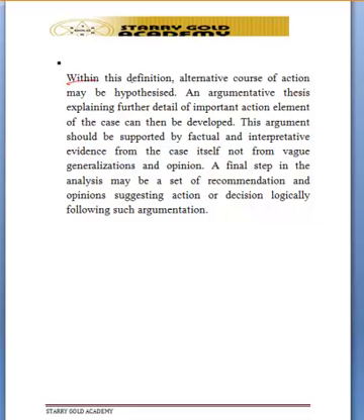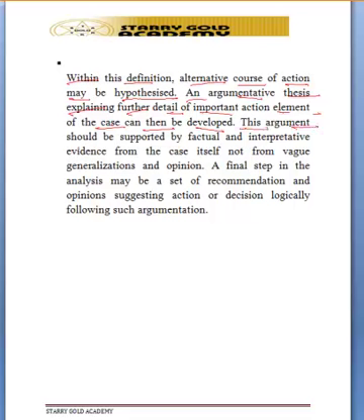Within this definition, alternative courses of action may be hypothesized, and an argumentative thesis explaining further detail of important action elements of the case can then be developed.